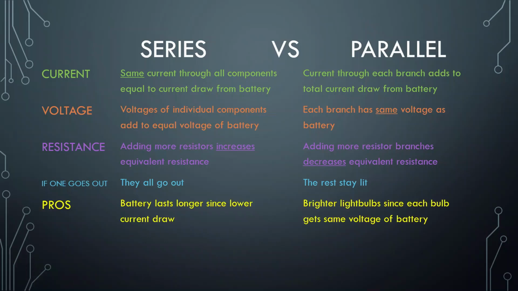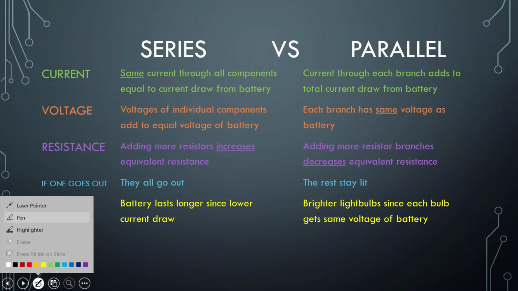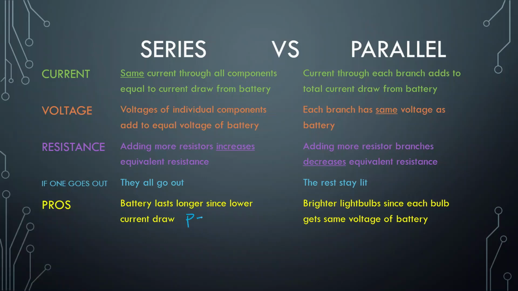So overall, a pro of the series circuit is that your battery is going to last longer because there's a lower current draw. Remember that power is related to energy. So our power is current times voltage.